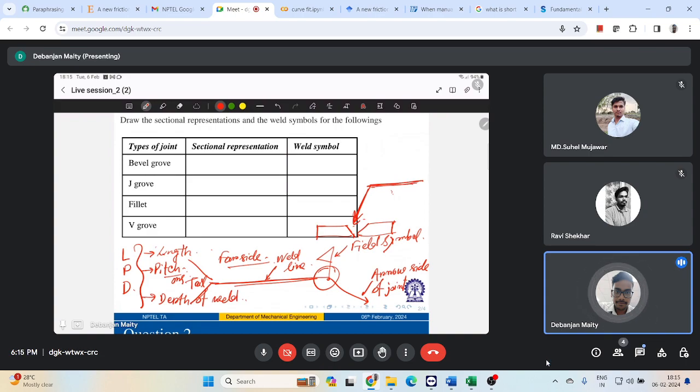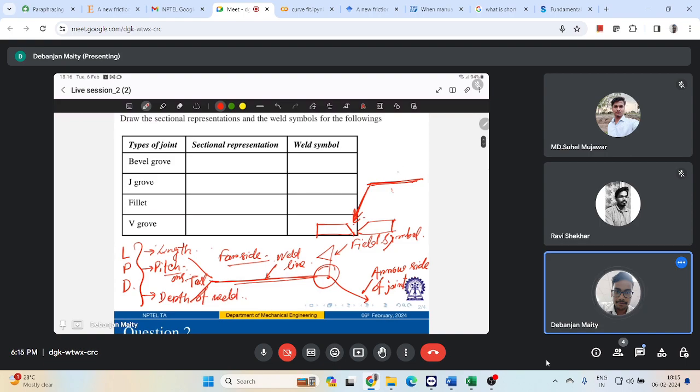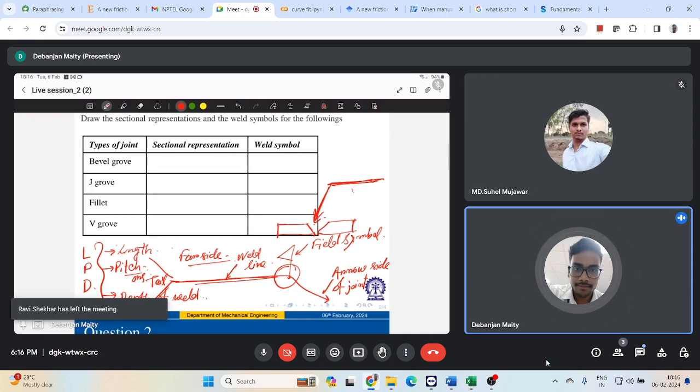And if it is far side information, you should put it over the top of this line, right? This is the standard practice maintained in any welding industry.